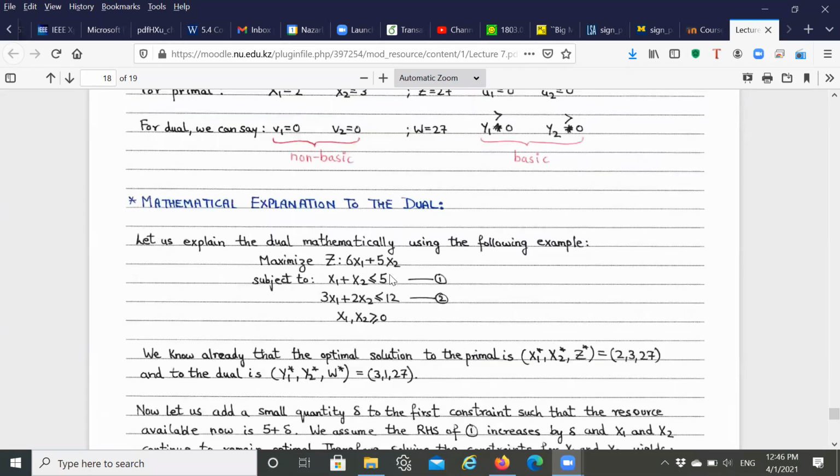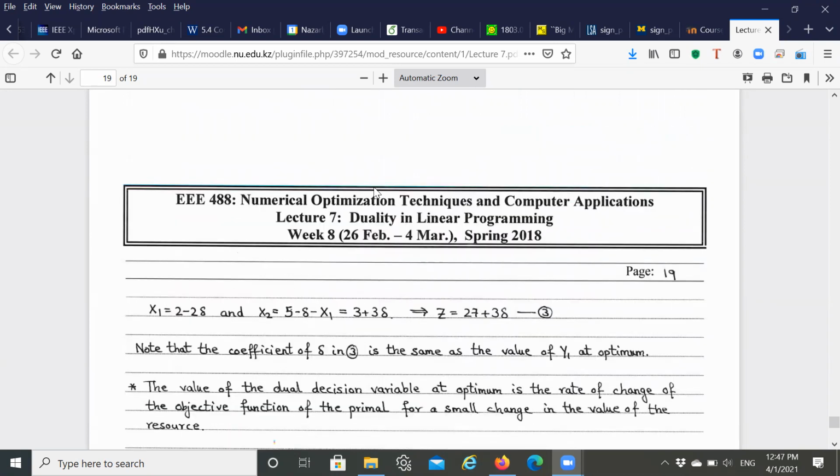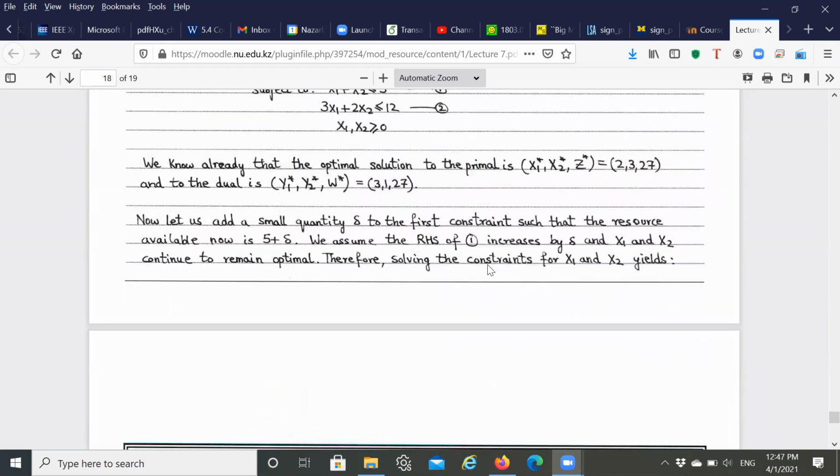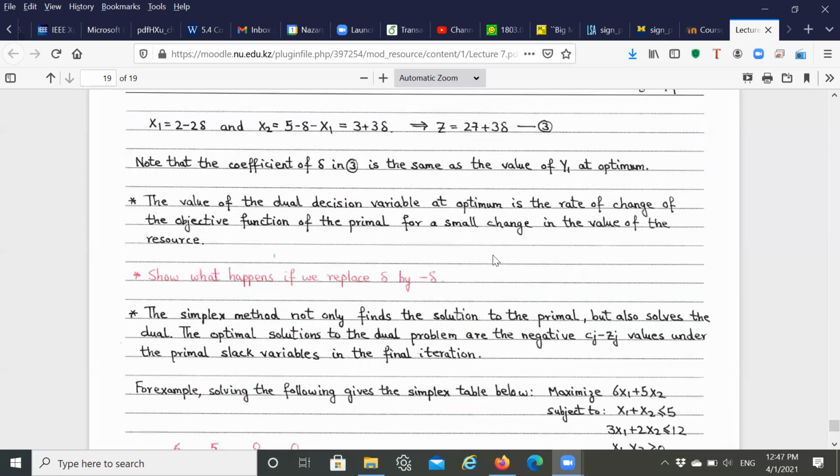So this is telling me that by increasing the value of the resource, it tells me how much this affects the rate of change in the objective value. Basically, this is again telling me the solution of my dual problem. Isn't this interesting? Is it applicable only when delta is very small?